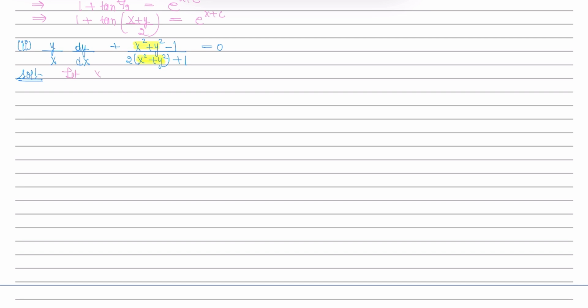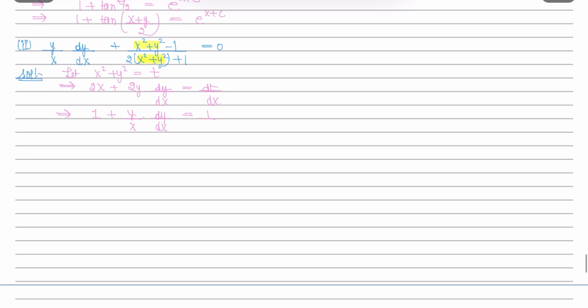Let x square plus y square is equals to t. Differentiating both sides with respect to x, it becomes 2x plus 2y dy by dx is equals to dt by dx. Now dividing both sides by 2x, it becomes 1 plus y by x into dy by dx is equals to 1 upon 2x into dt by dx.